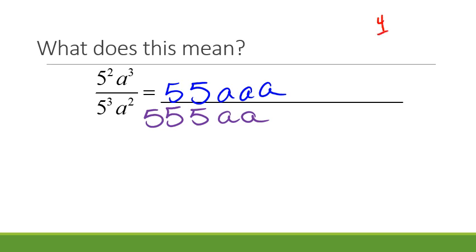Like if I have 4 divided by 4, that would be 1. So we typically cross that off because 1 times anything doesn't change it. So in this case, if I cross off, that would be 1, that would be 1, that would be 1, and that would be 1. Let's look at what I have left over. I would have an a on top and a 5 on bottom.